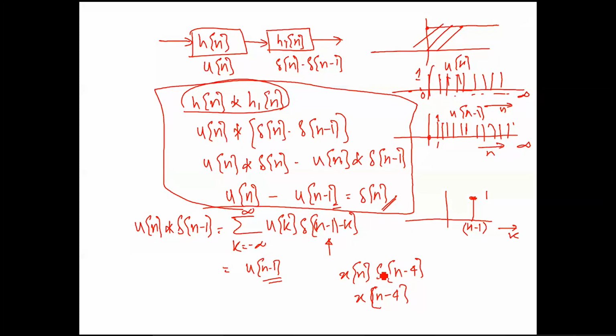If it is a simple impulse, n minus 0, it will be n minus 0. If it is n minus k, it will be n minus k. So convolving anything with an impulse gives you a single value. If it is simple delta n, it will give you the same value back. A shifted impulse gives you the shifted signal. True for continuous time and discrete time.